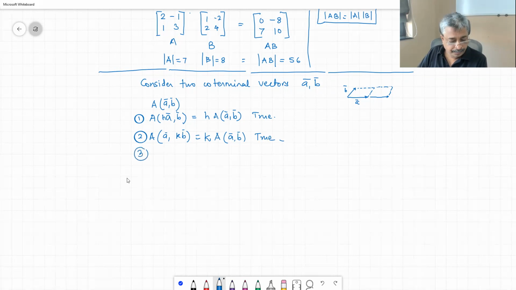Third, suppose now I do this way. Instead of A, I have two vectors, which is A becomes A1 plus A2, and the second vector is B. Am I allowed to write area of A1 plus A2, B is equal to area of A1 B plus area of A2 B?